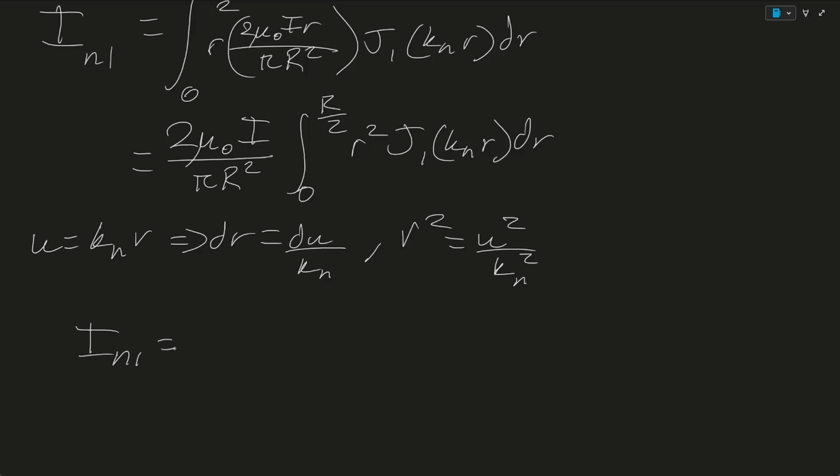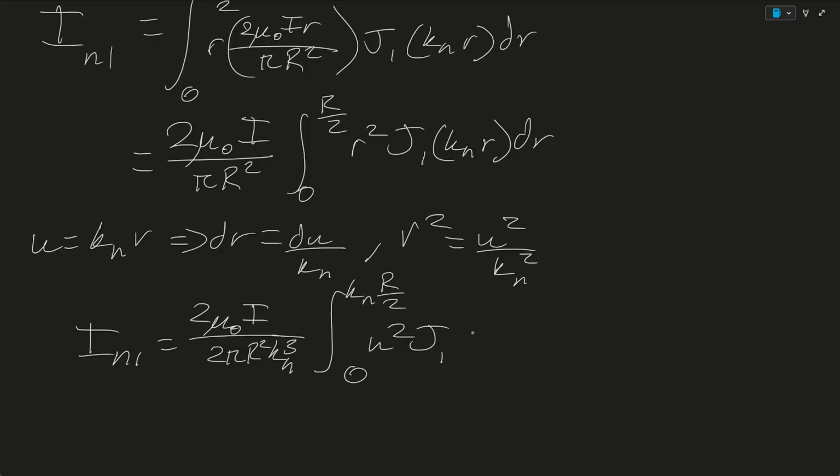I_n1 therefore is equal to 2 mu naught I over 2 pi R squared k_n cubed times the integral, there you go, from 0 to k_n R over 2, can't forget about bounds, of u squared J1 of u.